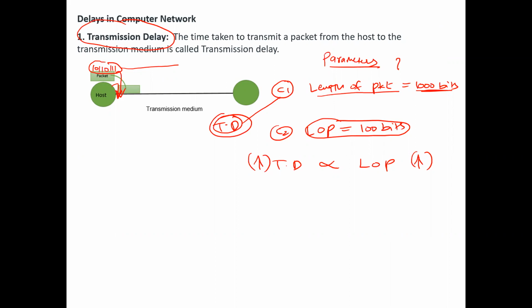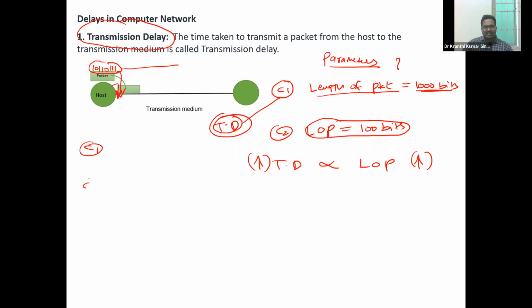Yes, sir. Right. Again, I'm taking another case, case 1 and case 2. For example, the capacity of this link is such that it can handle 1000 bps, bits per second.